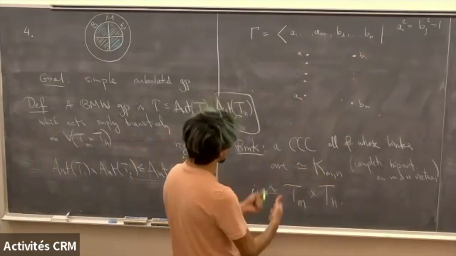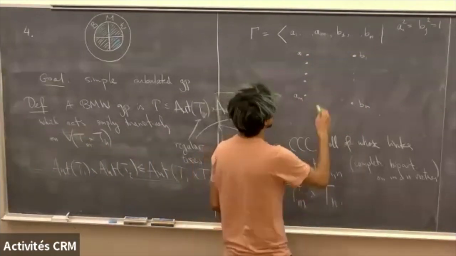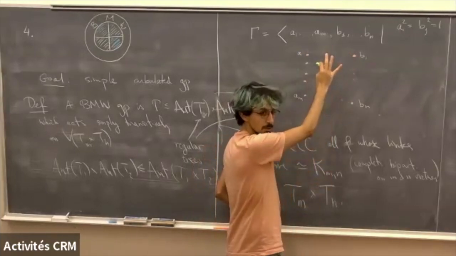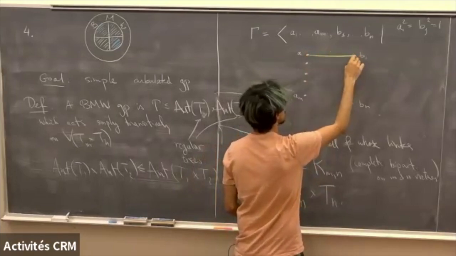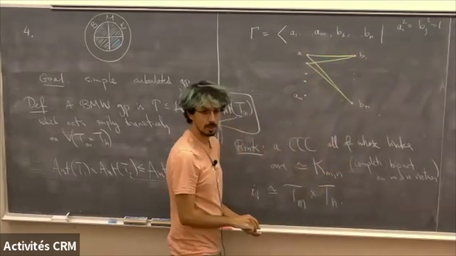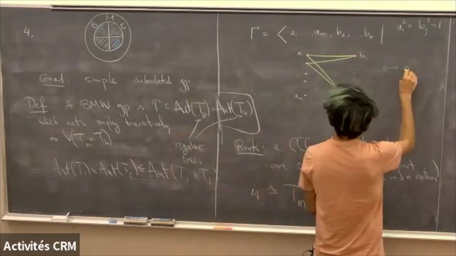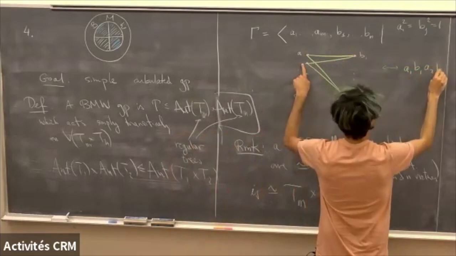I want to form it by looking at squares. So what I'm really looking for is a partition of the edges of this graph into 4-cycles. For example, A1, B1, A2, Bn. That's a 4-cycle, and this will correspond to the relation which I just wrote, A2, Bn.